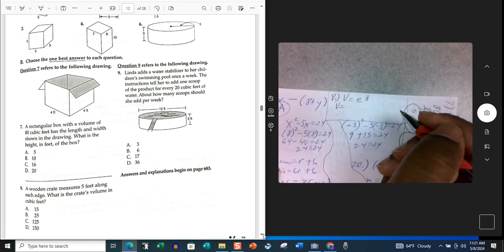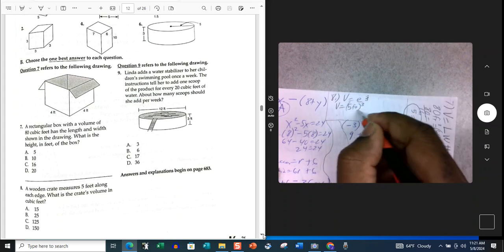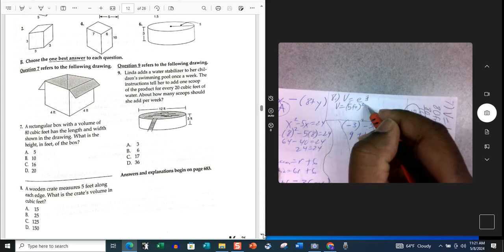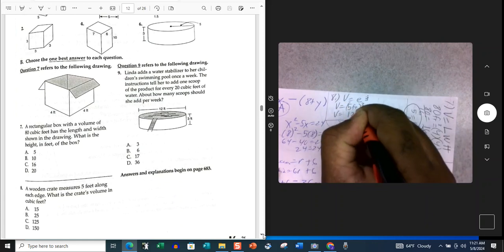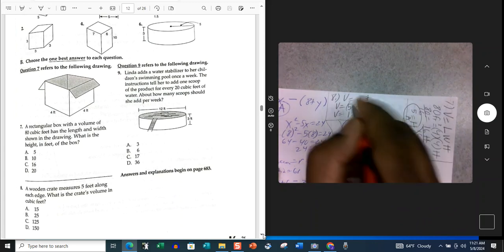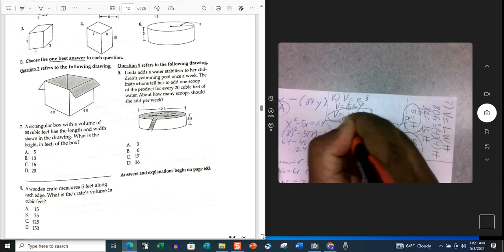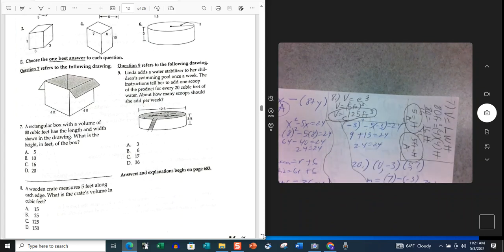They tell us that the edge here is 5 feet, so we'll do 5 feet cubed. Of course, you can't put feet in your calculator, but you would do 5 cubed, which would give you 125 cubic feet. So your answer here would be C.